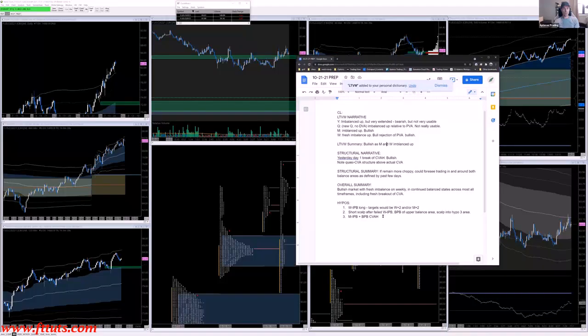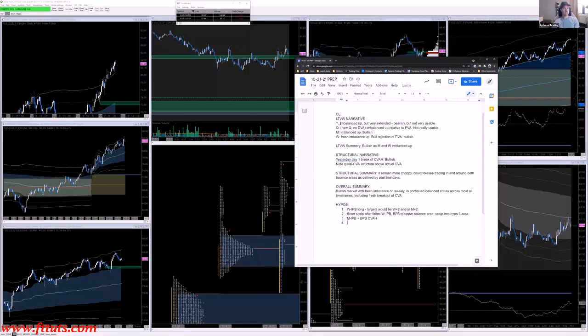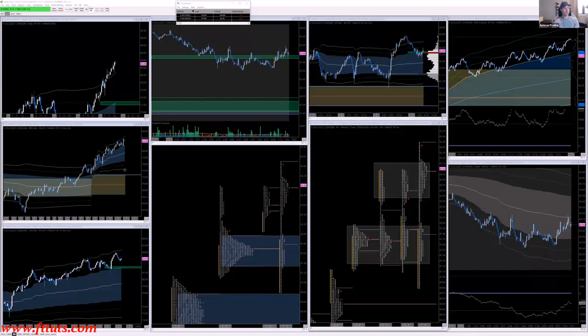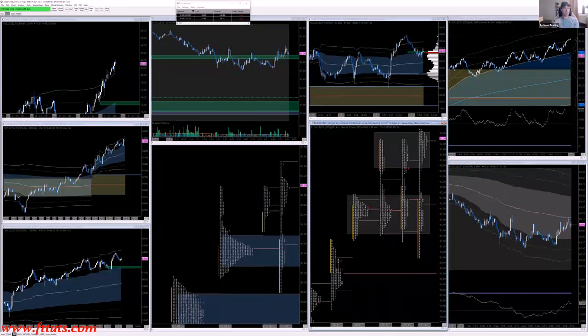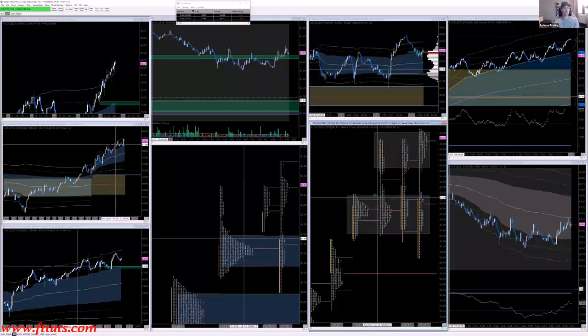Let's do an extra thinking here. What might happen if we really get going to the downside? Let's keep in mind the yearly is really extended. The quarterly doesn't provide any support for a very long time, right? Maybe when the weekly imbalance fails, sure, we get our short scalp, but then maybe Hypo 3 fails where we can't hold this level.